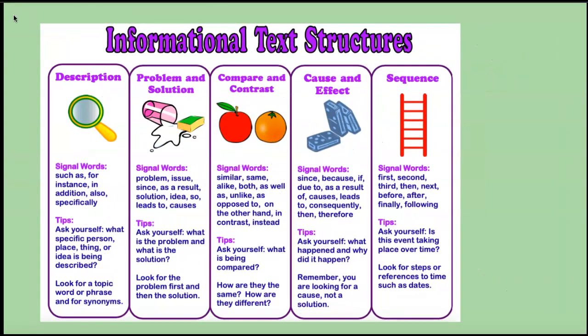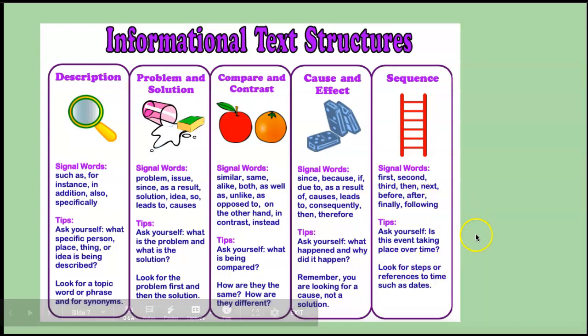Our text structures, how an informational text can be set up, are description, problem and solution, compare and contrast, cause and effect, and sequence. Today, we're going to be focusing on sequence. We're going to listen for signal words like first, second, third, then, next, before, after, finally, and following.